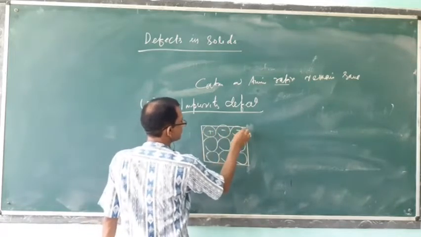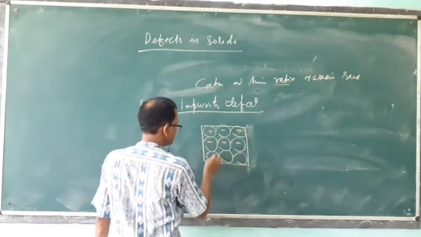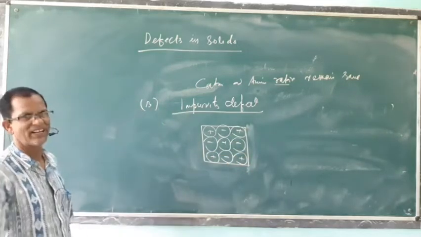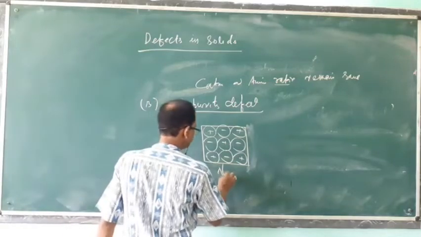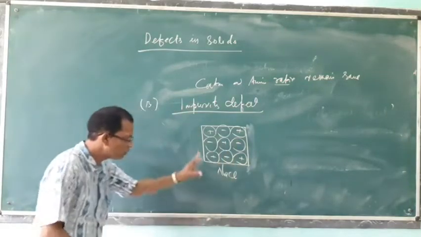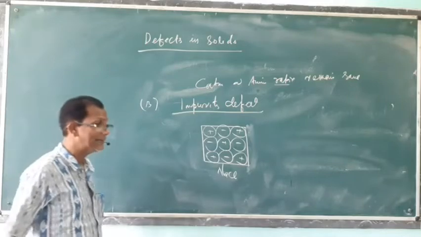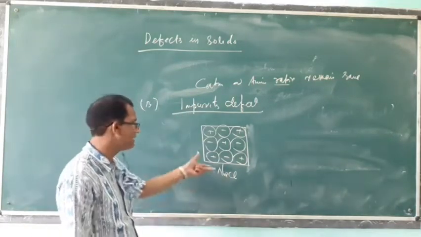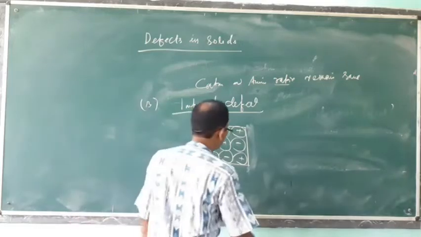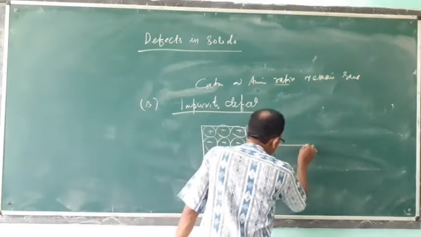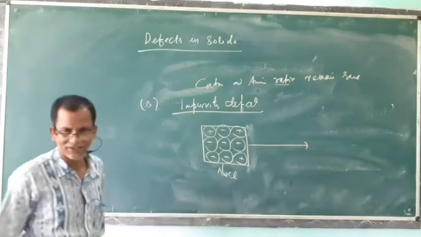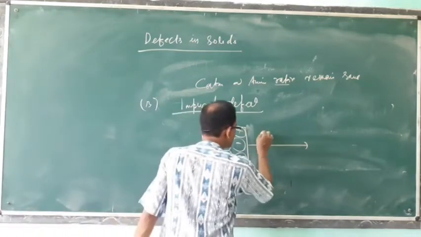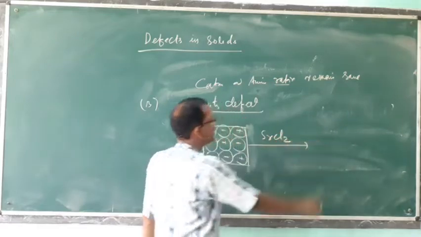Plus minus, plus minus, plus minus. So this is a perfect crystal of sodium chloride. When sodium chloride is strongly heated, it will be converted to molten liquid form. Then to molten NaCl, strontium chloride will be added.